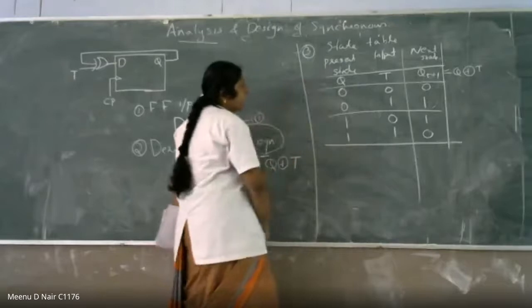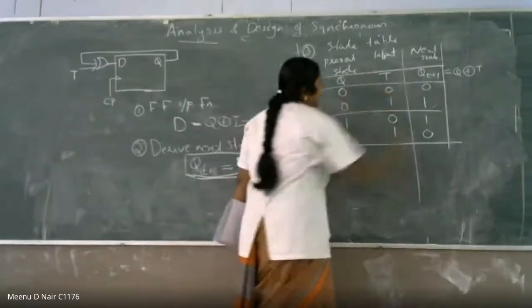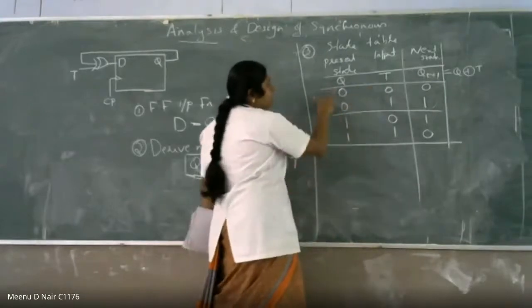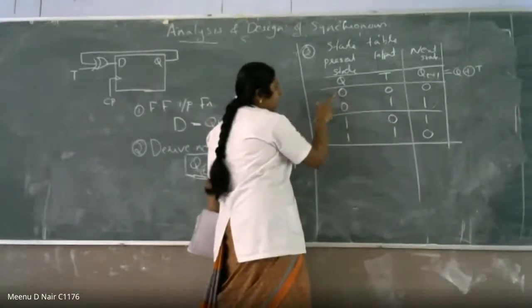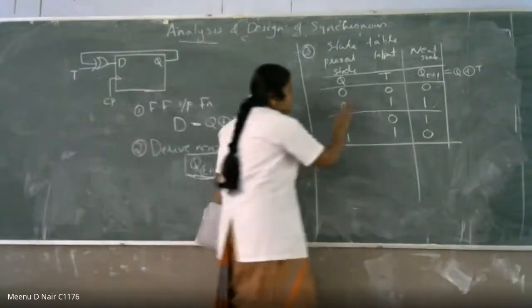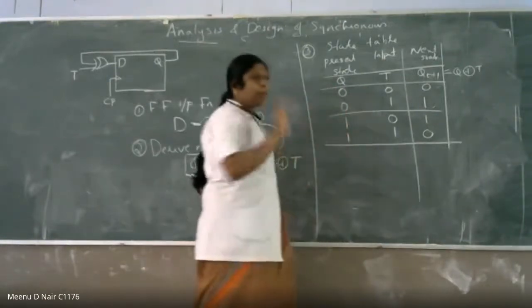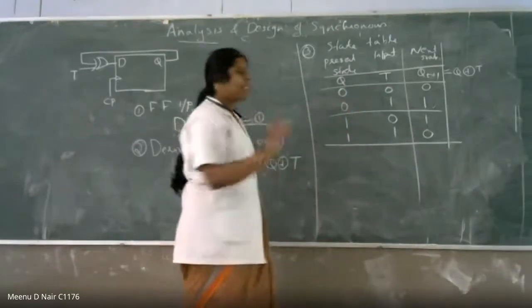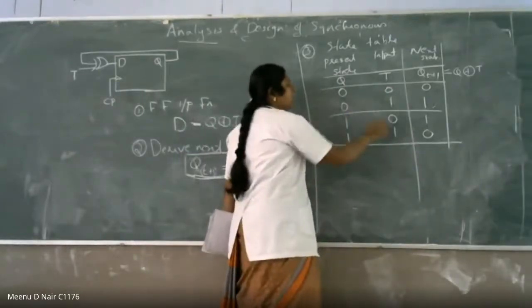You have present state, input, and next state. Present state is Q, input is T. If you are giving present state as 0, input can be 0 or 1. That is the 2 combinations. You don't need to bother about anything; you can directly write the 4 combinations as 0 0, 0 1, 1 0, 1 1.